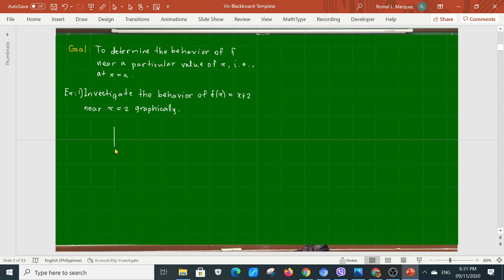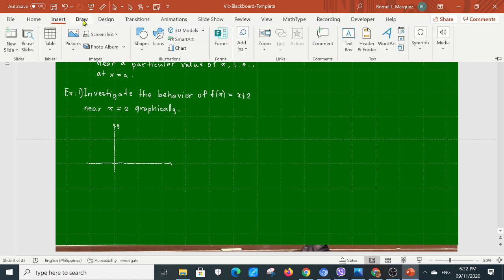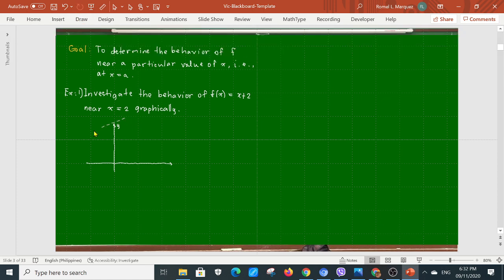So let's draw the graph so that we can examine the behavior. This is our y-axis, and then our x-axis. I want to know how the given function behaves near x equals 2.